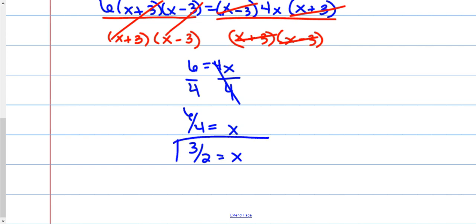Alright, so there we go. X equals 3 over 2. Make sure you check that answer. I'm not going to check it here, but you can just plug it into your calculator and check it and make sure that it works. And it looks like that's it.